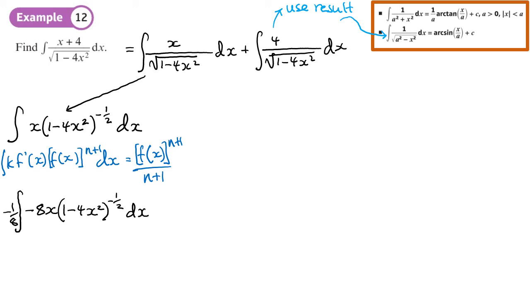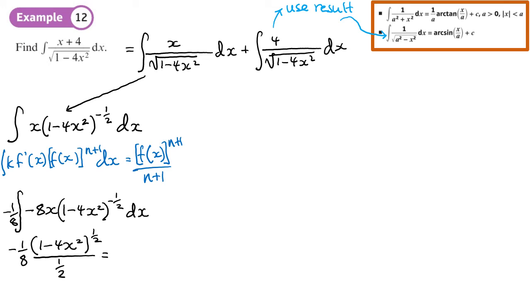That means I can go straight to the result that I've got here, which just saves us a bit of time mucking around trying to differentiate something and guessing if it's right or not. So it's going to be negative 1/8, which was there already, and then I just do this to 1 higher power divided by that higher power. So that will be 1 minus 4x squared to the power half divided by a half.